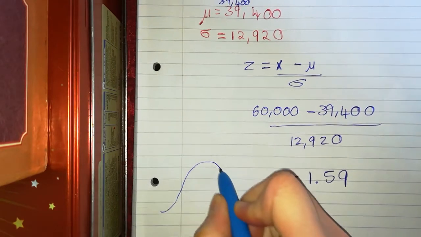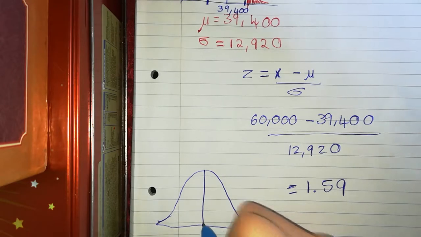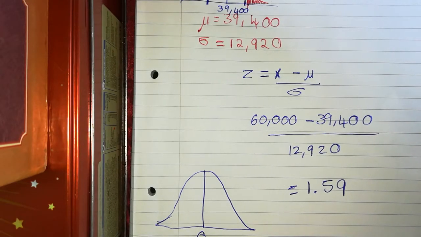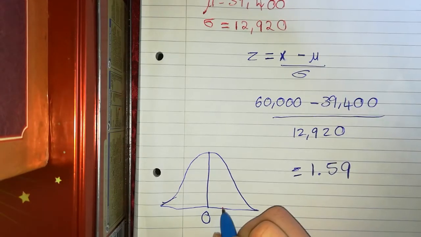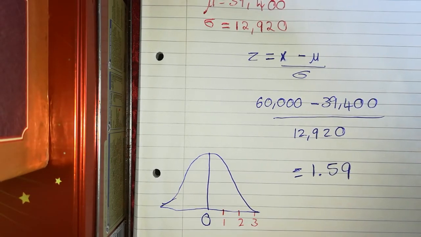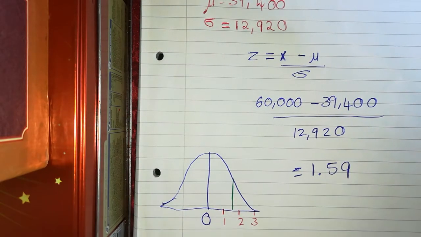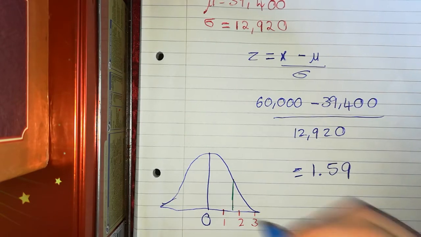So here I have my normal distribution, and generally when we have a standard normal distribution we give our mean as 0. Say this is 1 standard deviation, this is 2, this would be 3. So my 60,000 is 1.59 standard deviations away, so maybe somewhere around here. And I want to get the percentage of people who are going to be greater than that.